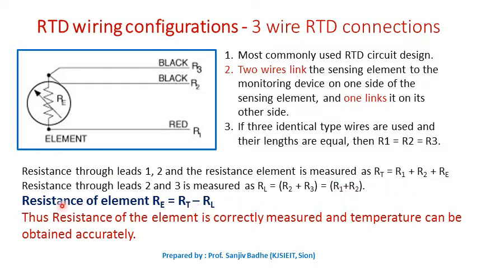So, this is how the resistance of the sensing element only can be obtained. So, with a 3-wire RTD configuration, we can find the resistance of the sensing element accurately, and therefore temperature can also be obtained accurately from the graph.